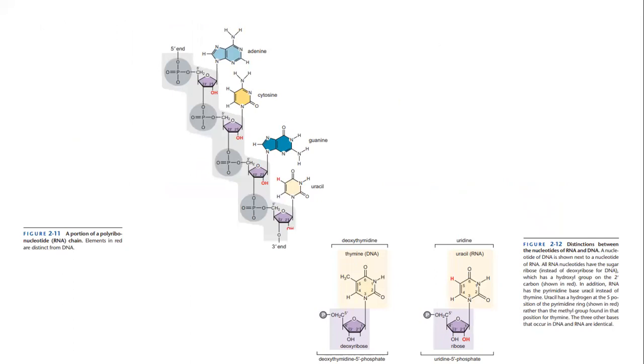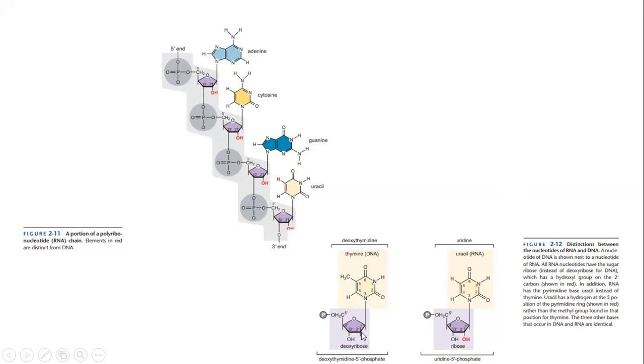One is the sugar. In DNA the sugar is deoxyribose. Here you can see the sugar, the base, and the phosphate. This is the picture of deoxythymidine.